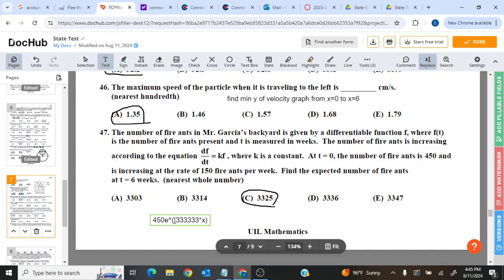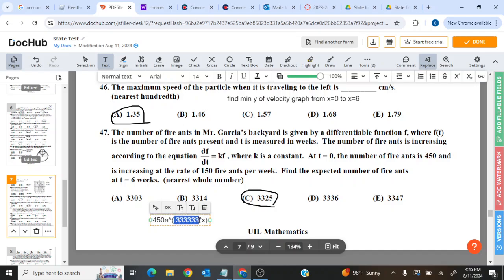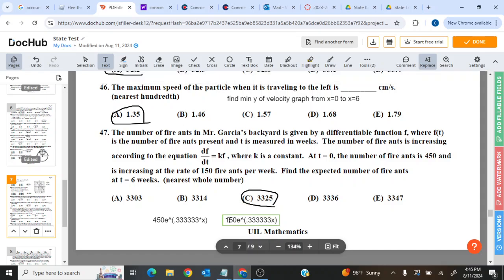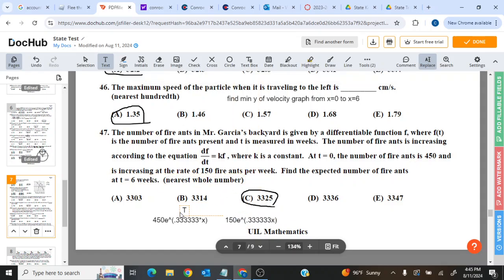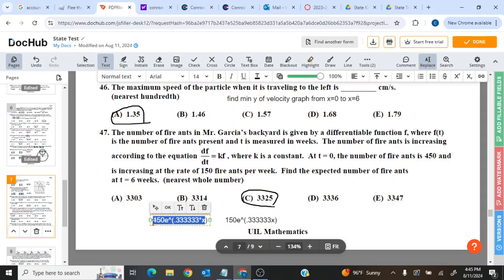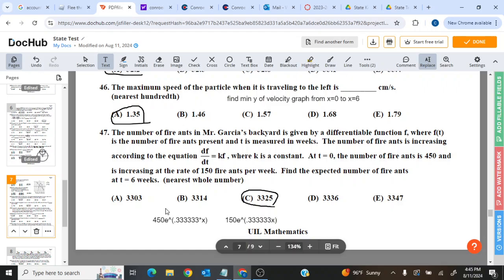So if you have 0.333 or 1/3 as your coefficient, the derivative will be multiplied by 1/3, and it will be equivalent to this, which is what we're looking for, because this is the 150 out front we need for the rate. So simply plug 6 into this equation right here, and you'll get a value of 3325.